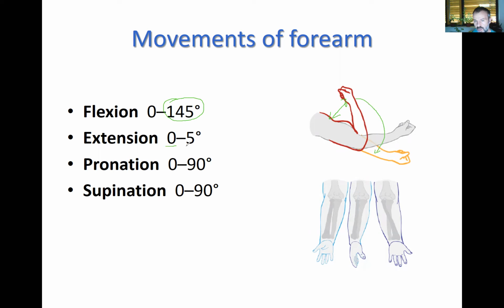It can go farther, up to 5 degrees, and it's based on the massiveness of the olecranon and on the thickness of the septum between the olecranon fossa and the coronoid fossa.